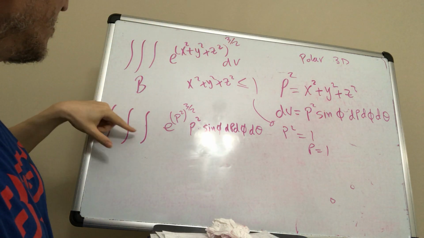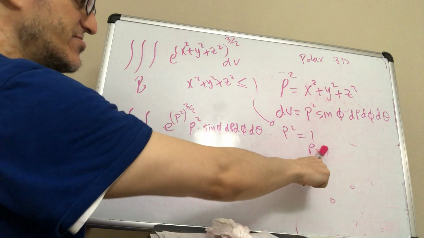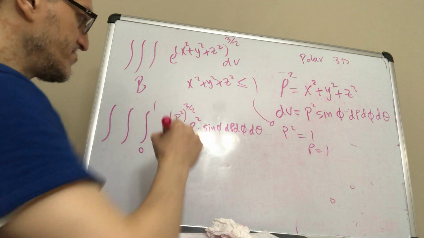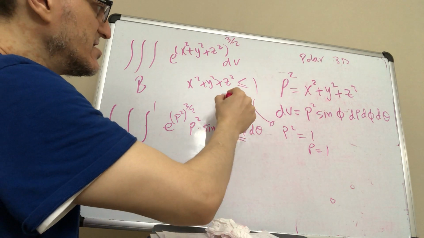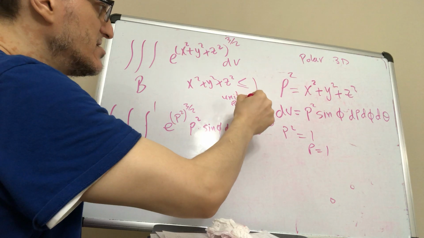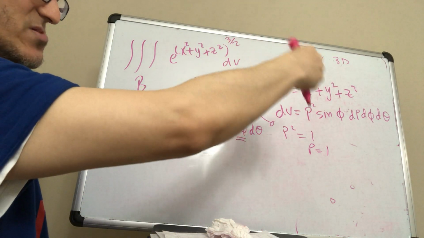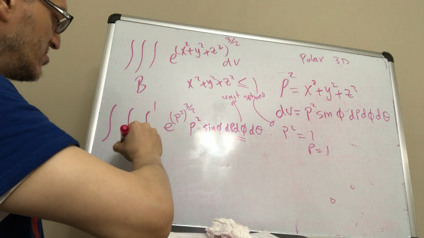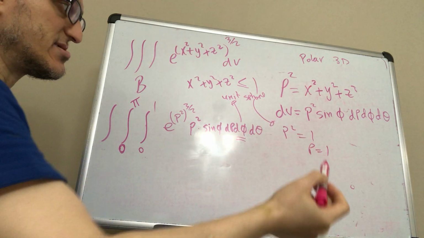Now, the limits, first limits are for dp. Since the radius is 1, so 0, 1. Since they tell you it's unit sphere in the question, so you're only looking at the 1 unit, so it would be 0 to pi, because it's a unit sphere.